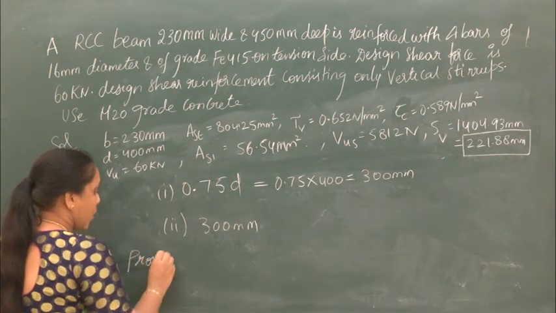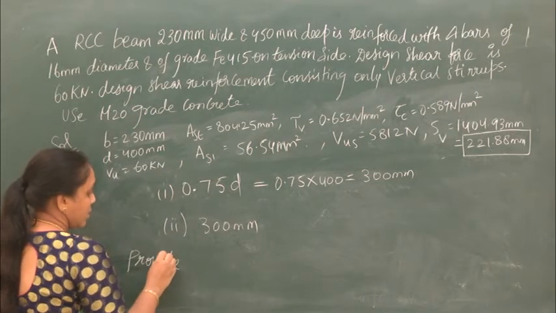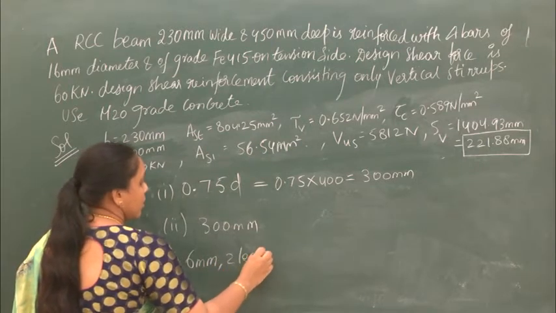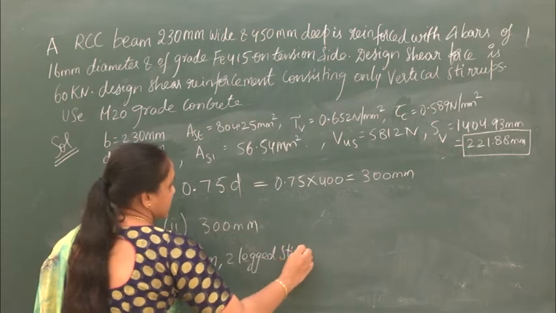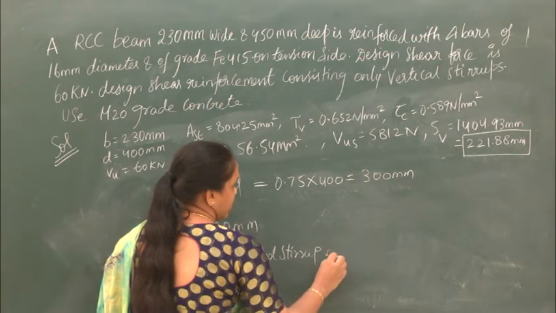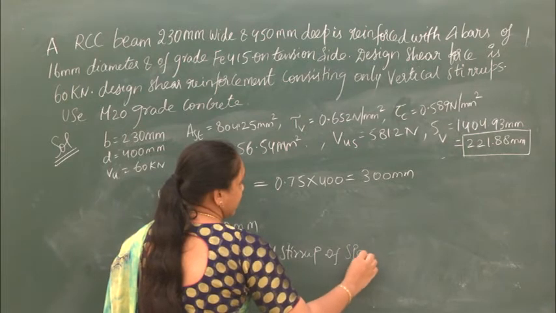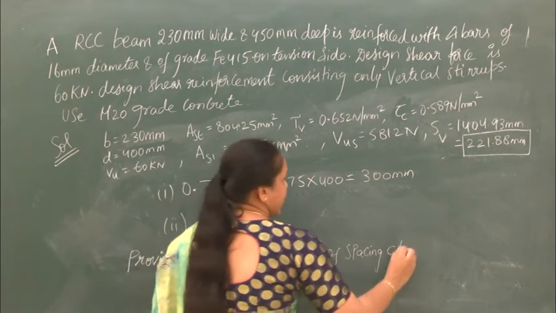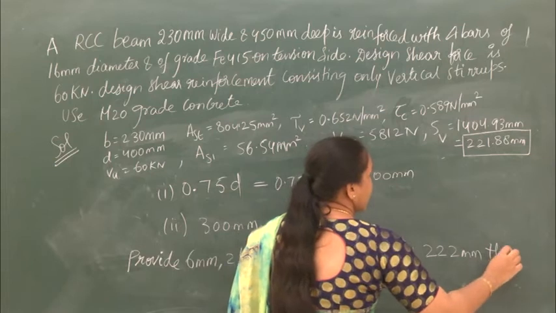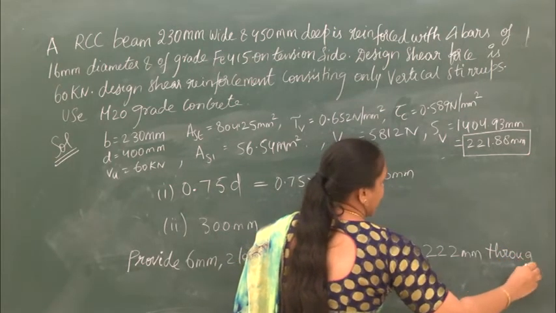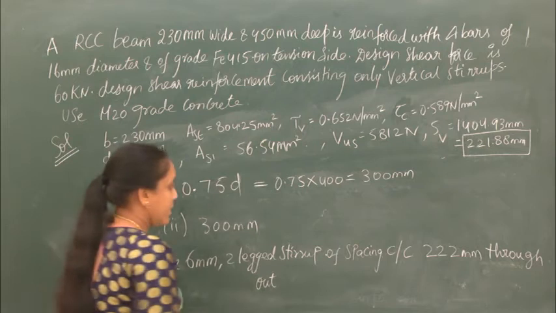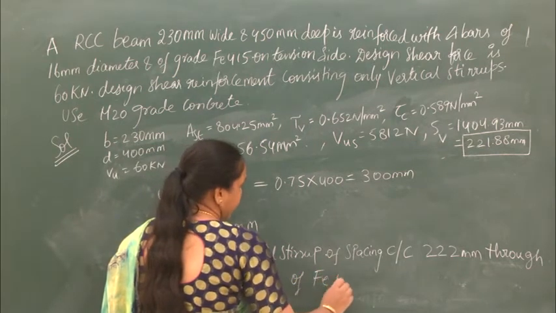We have to provide 6 mm 2-legged stirrup of spacing center to center 222 mm throughout the length, of grade Fe415.